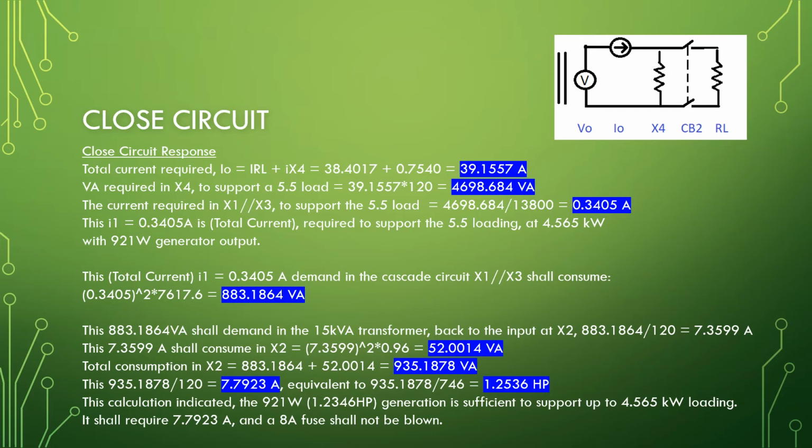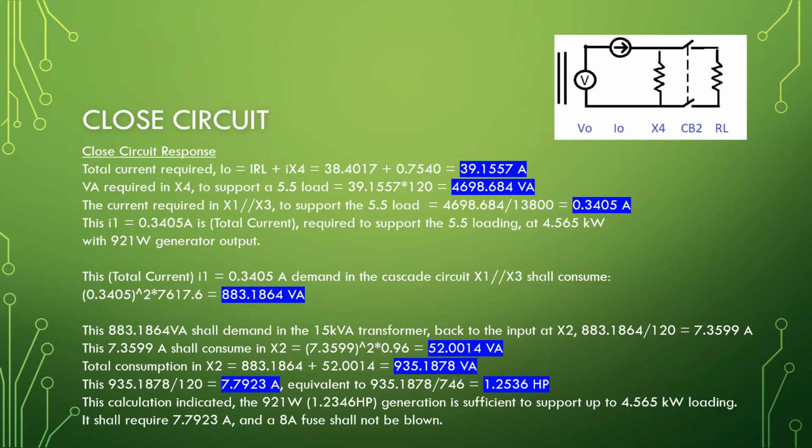0.3405 square times 7,617.6 equal to 883.1864 VA. This 883.1864 VA shall demand in the 15 kVA transformer back to the input at X2. 883.1864 VA divided by 120 volt equal to 7.3599 ampere.